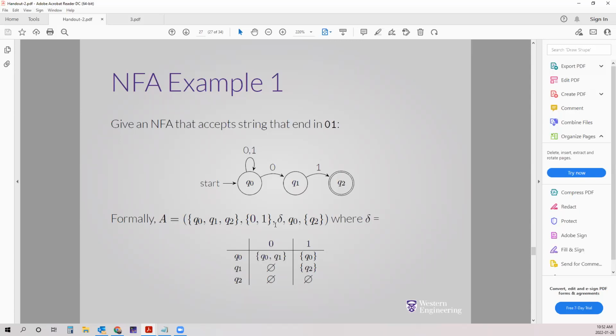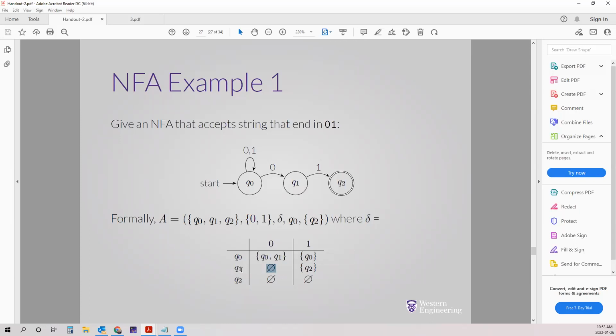Then delta, which is the transition function: we start at Q0 and we end at Q2. If I'm at Q0 and I receive 0, I could go to Q0 or Q1. In a deterministic automaton, we go to only one state. If we receive 1, we stay at Q0.